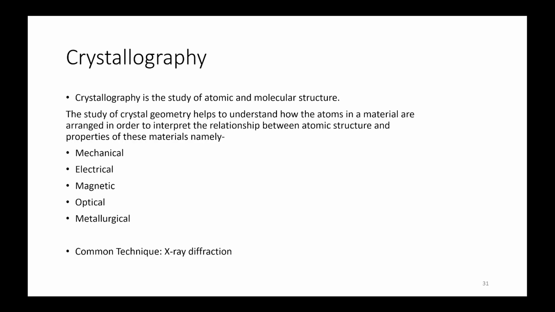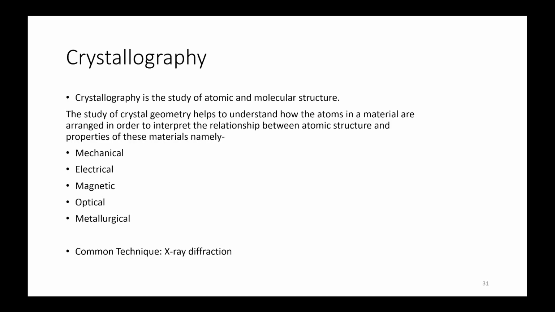Now crystallography is the study of atomic and molecular structure. The study of crystal geometry helps to understand how the atoms in a material are arranged, in order to interpret the relationship between atomic structure and properties of these materials.